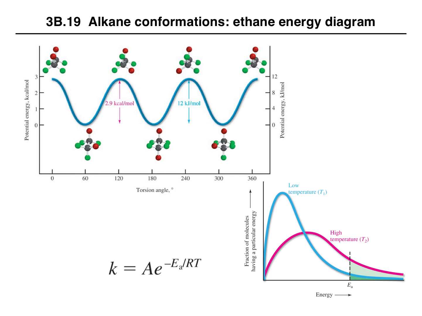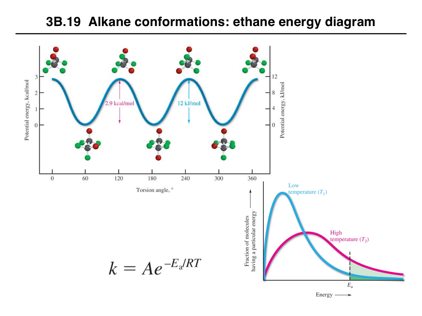So we're looking at a difference of 12 kilojoules per mole, or 2.9 kilocalories per mole. And so we say that we have a barrier to rotation. So we do have rotation around a sigma bond, but there is a barrier.